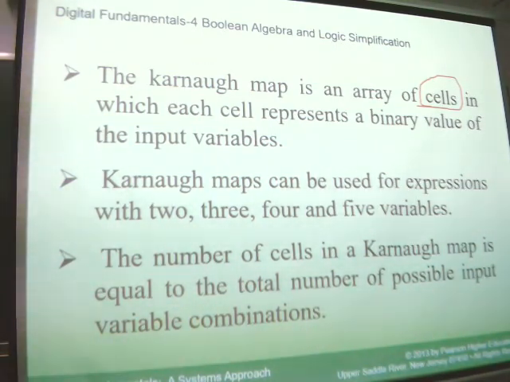Fifth, the number of cells in the kernel map is equal to the total number of possible input variable combinations. For example, if there are two variables, how many cells in the kernel map? 4.